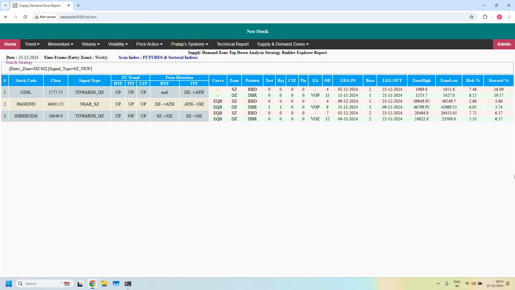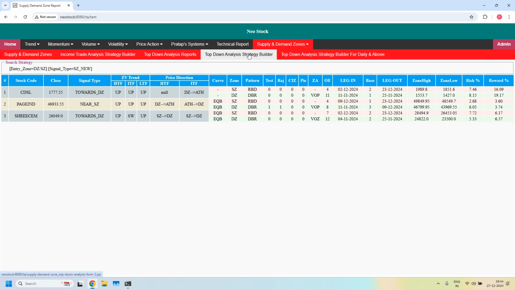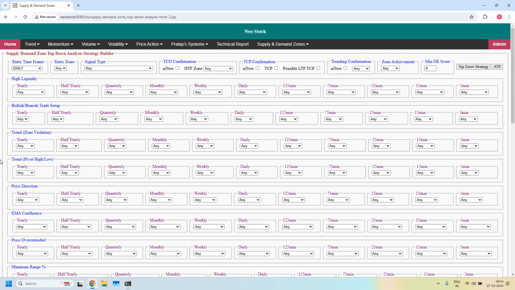Okay, we will also filter some more stocks based on the Zone Confluence. Let us find the stocks having a monthly Zone Confluence, and also monthly EMA Confluence.